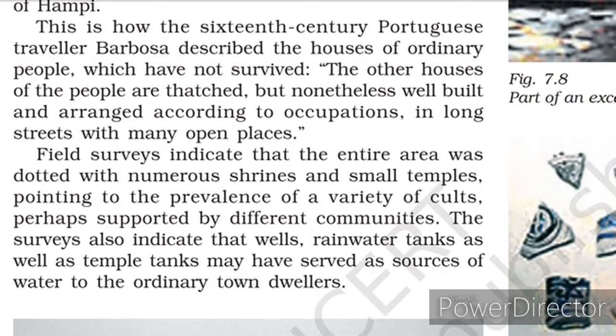So from this we can make out that they had a different way of thinking. They used different types of ideas so that they could make something very different, so that they could use the natural water without any difficulty in the time of crisis.